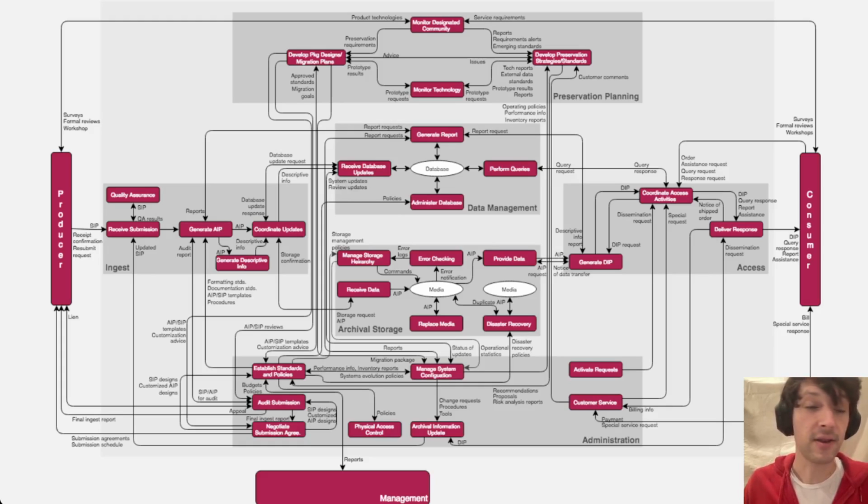We can combine SIPs. So we can say, well, we got two different hard drives filled with material, and we've decided actually all of this material should be treated as one large body of material. Okay, so we'll just make one big APE out of those two SIPs. We could also split SIPs.